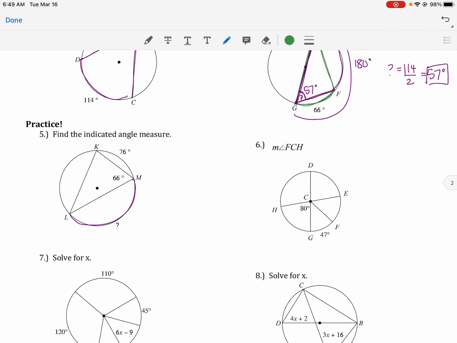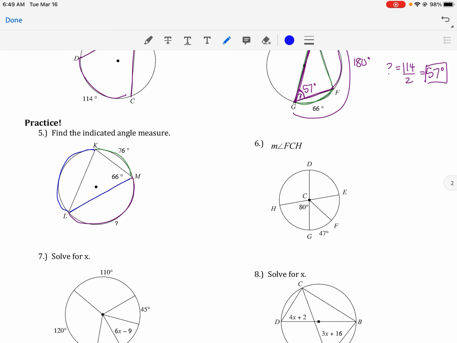So we've got arc K to M is 76. And while I don't have the current measure of K to L, I could figure that out because notice we've got an inscribed angle here that's 66 degrees. So this time it's the opposite. If that is this inscribed angle, we're going to do 66 times 2, and that arc is 132.